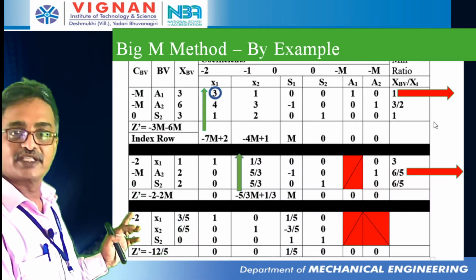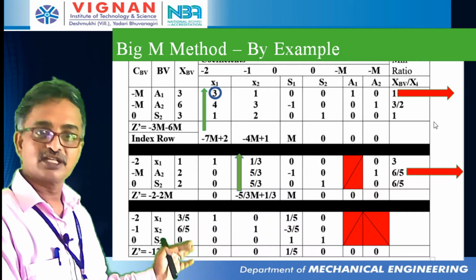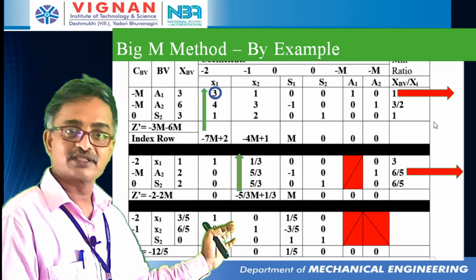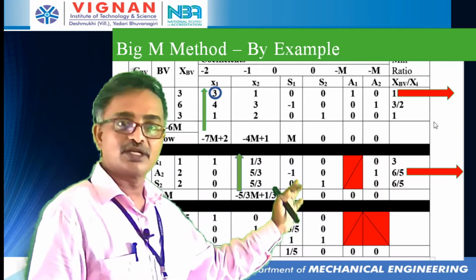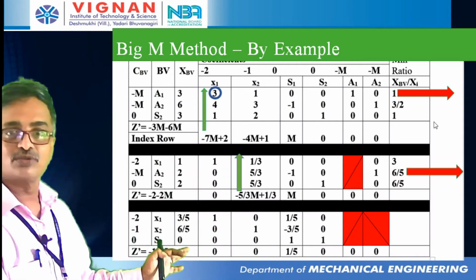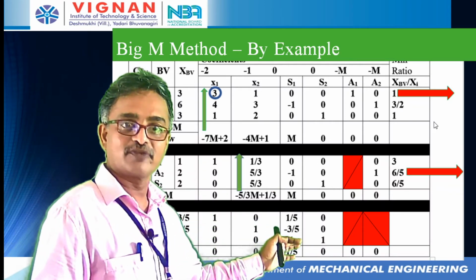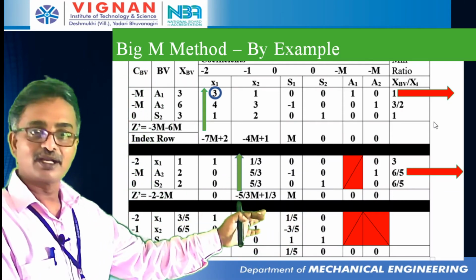Now x1 is in your decision, so the x1 column is 1 and the remaining value is 0. For x2, the intersection with the column is 1 and the remaining value is 0. a2 has left, so delete the column. For s2, the s2 column is 1 and the remaining value is 0. So now we need to calculate only one column here, it is s1.